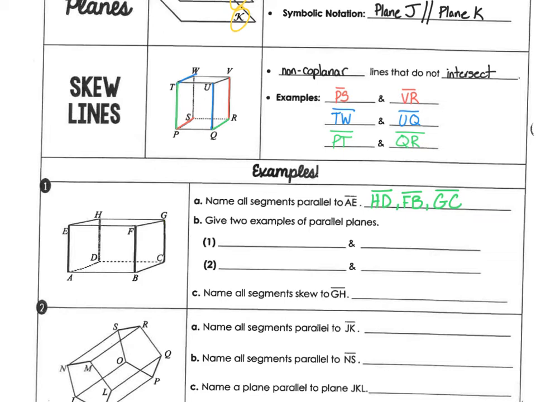Okay, now it's asking for 2 examples of parallel planes. So we're going to need to name planes based on 3 letters. So what planes could we say are parallel? So we're looking at the sides of the square. What sides would be parallel? E and A. So we want the whole side of the square, not just a segment.